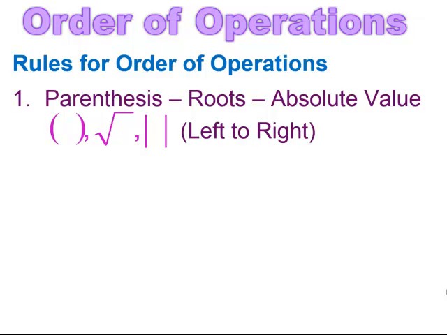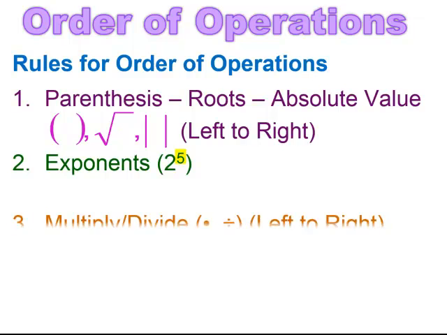So the first thing in order of operations is to get the grouping symbols to be one number. A key note with order of operations is you always want to work from left to right. Once the grouping symbols are one number, then you would work with anything that has exponents.